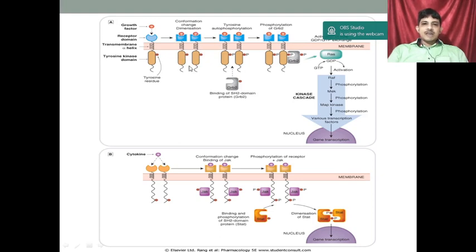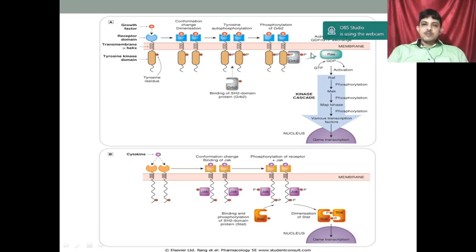After the dimerization there is autophosphorylation, and with that the binding of the SH2 domain protein, GRB2. This is also a protein. When GRB2 binds, GDP to GTP exchange takes place.